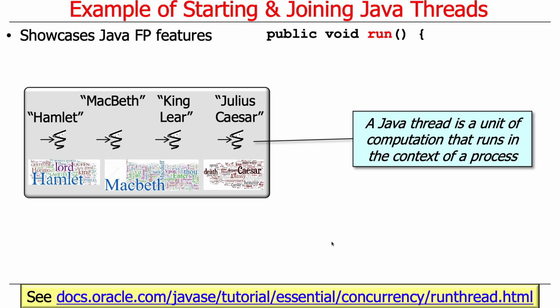A thread is a unit of computation that runs in the context of a process. So thread equals unit of computation to process a stream of instructions. A process, in contrast, is a unit of protection and management, resource allocation.